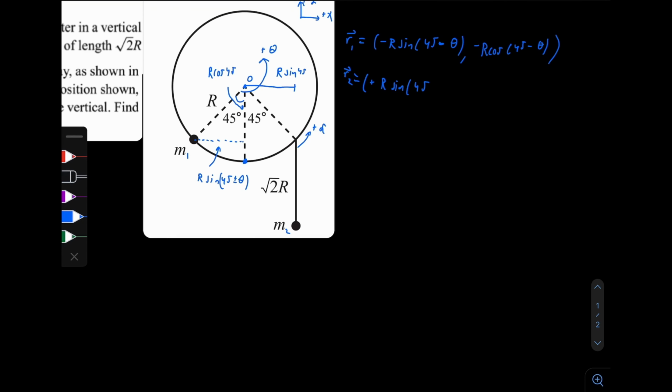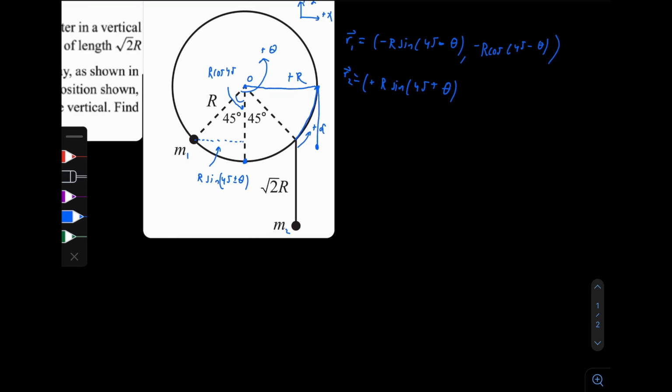But notice that if we increase theta to 45, then the pendulum is going to go up here, and the x position increased. We went in the positive x direction. How will we get that? Well, 45 plus 45 is 90. Sine of 90 is 1, which gives us a positive r, which is what we want, because this distance here is a positive r. So that's going to be positive.